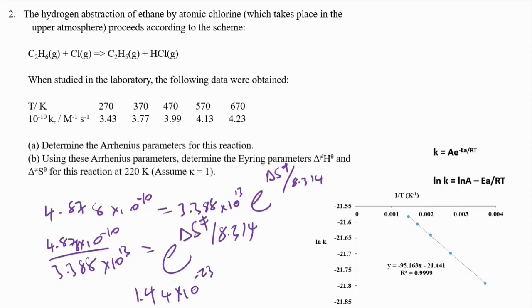I'm going to take the natural log of this number. So this is equal to delta S of activation divided by 8.314. Let's do the natural log of that number.